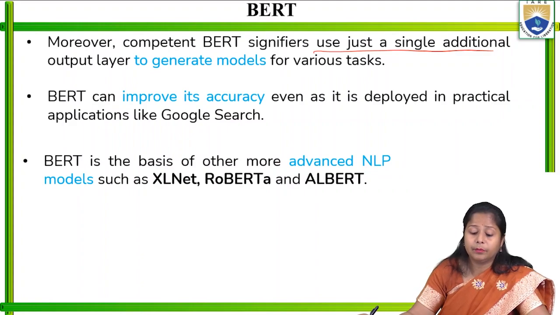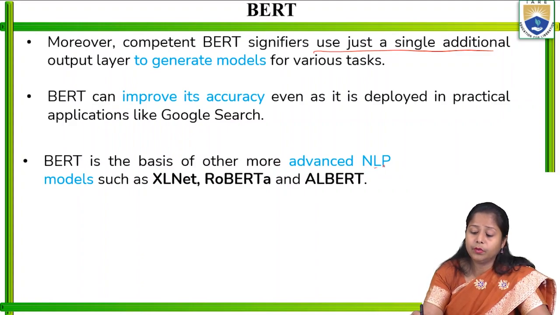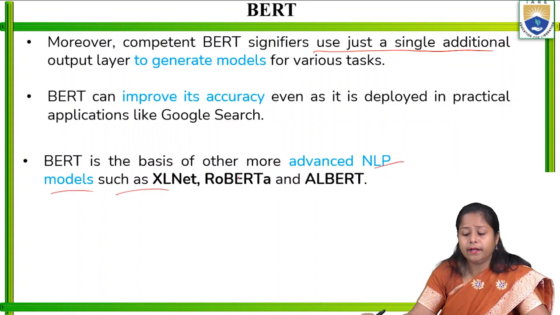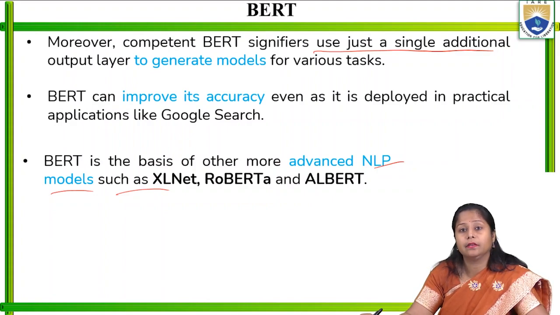BERT is the basis of other more advanced NLP models such as XLNet, RoBERTa, and ALBERT. These are extensions of BERT with different other layers; more layers than this are applied in these advanced BERT applications.